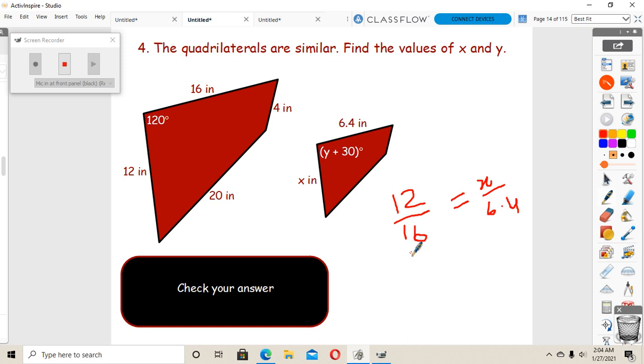We can solve it. 16 ones are 16, 16 0.4s are 6.4. Now x equals 12 times 0.4, which gives us 4.8.